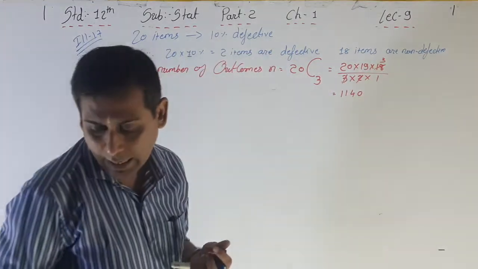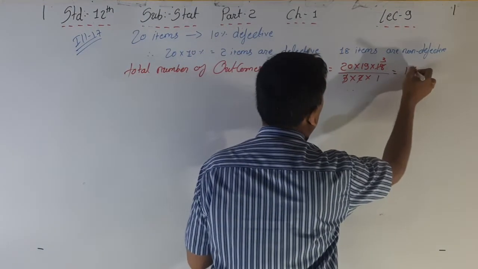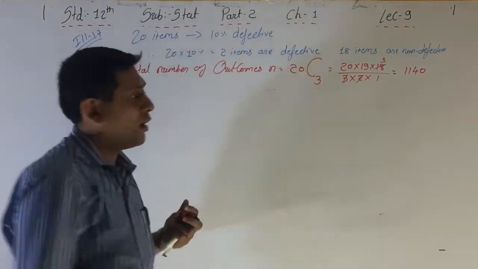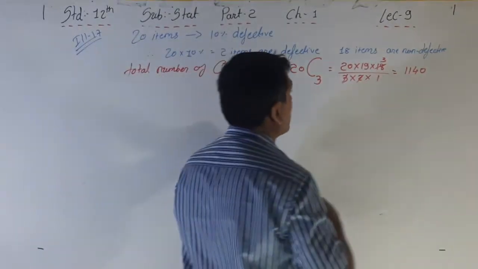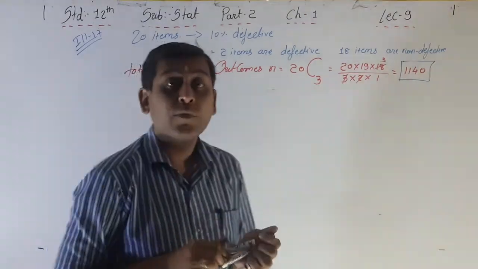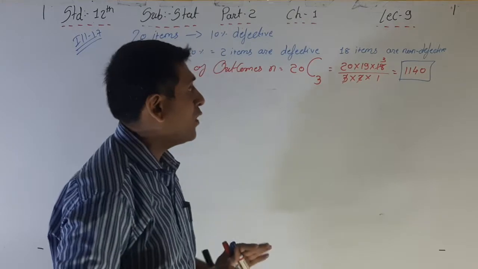That is 1140, right? 1140 is the final answer. That is, total number of outcomes N is equal to 1140.